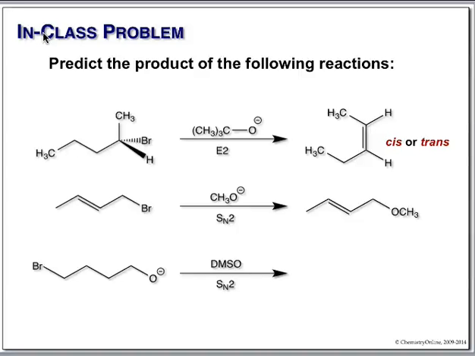We put this in DMSO, that favors SN2 reactions, and all that's going to happen is the oxyanion is going to reach around, it's going to attack this carbon, bromine will leave, and we'll wind up with a ring. The ring will have an oxygen and 1, 2, 3, 4 carbons, and it's simply tetrahydrofuran.